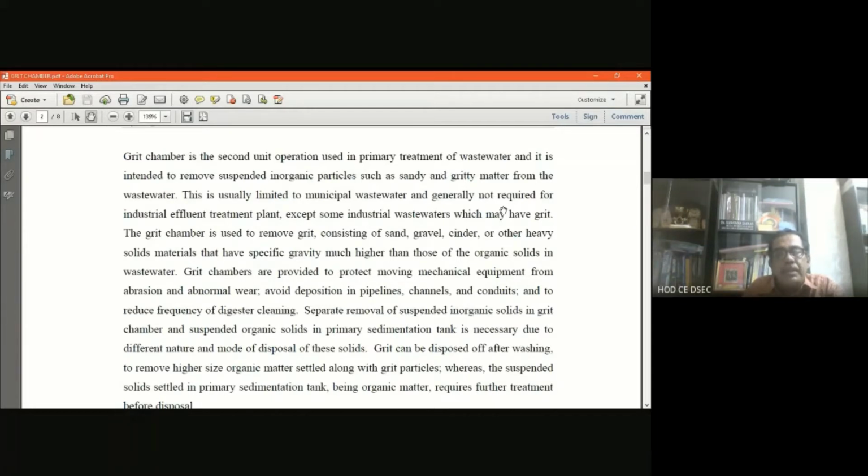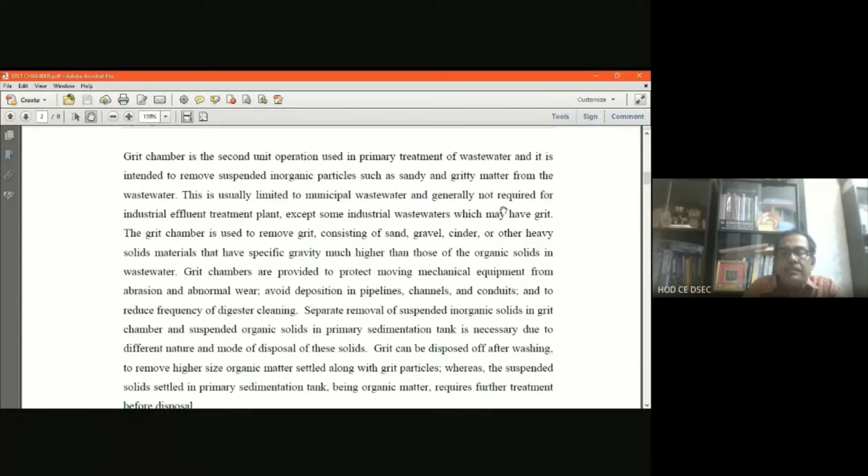Okay. Now, the grit chamber, as I told you, is to remove the grit particles. What do you mean by grit particles? Like sand, gravel, cinder, and other heavy solid materials that have a specific gravity higher than that of the organic solids in wastewater. These grit chambers are provided to protect the moving mechanical equipment from abrasion and abnormal wear, and to avoid deposition in the pipelines, channels, and conduits.